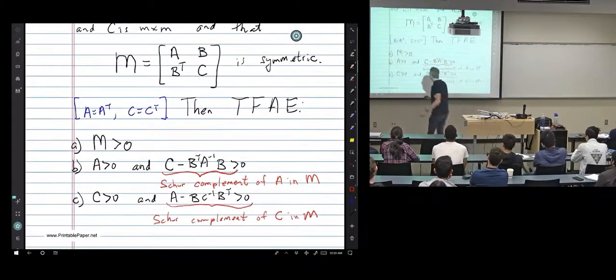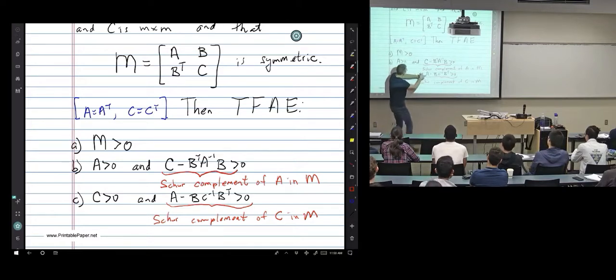This is the uncertainty down in the measurement part when we use this form of the theorem. A is the uncertainty in the states, but if I take my state variables conditioned on making a measurement, I reduce the uncertainty in A by B C inverse B transpose.